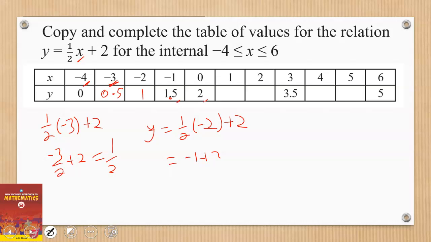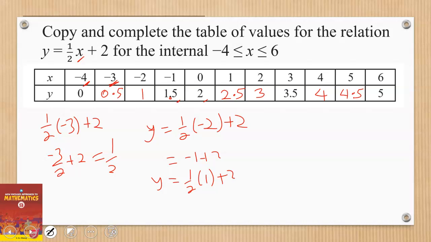So +1 will give us half times 1 plus 2, and that is going to be 2.5. So we get a 2.5 there, and you can even see a pattern: 1, 1.5, 2, 2.5. Here is going to be 3, 3.5, 4, 4.5, and then 5. That is how you generate a point.